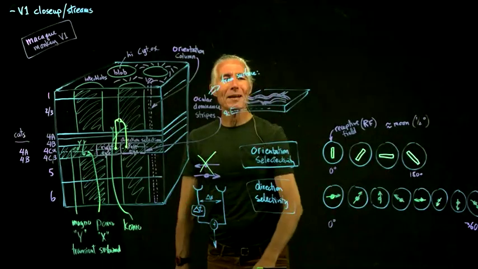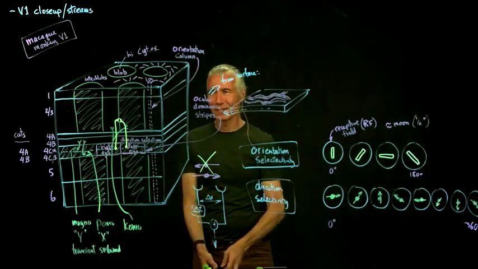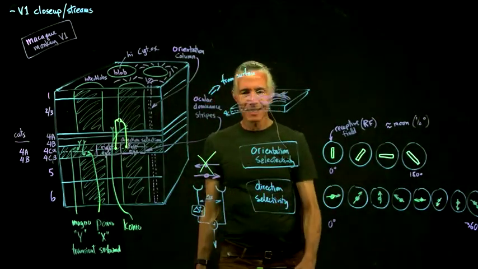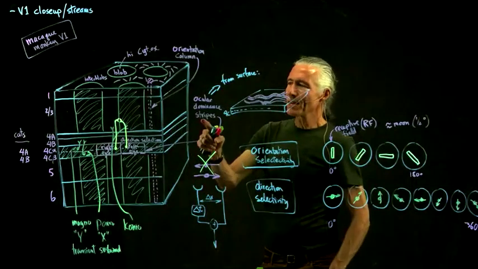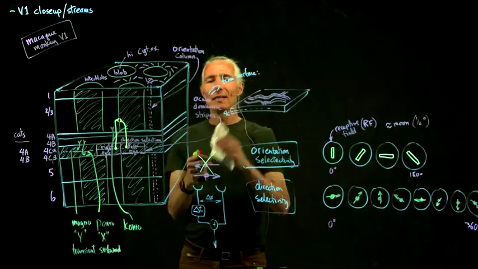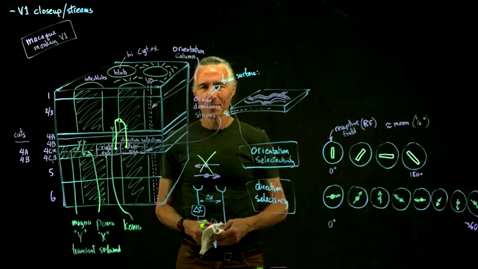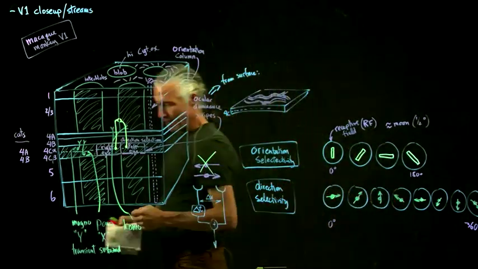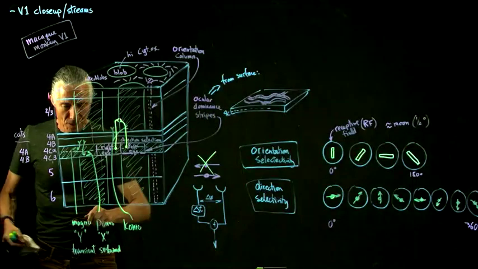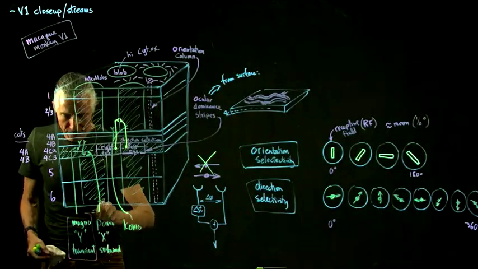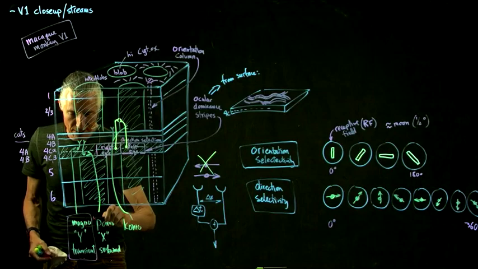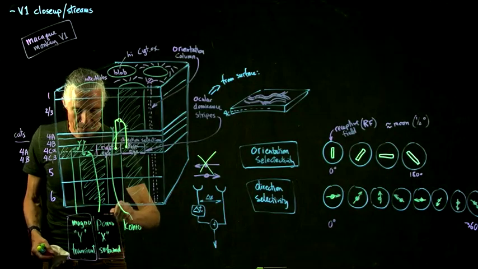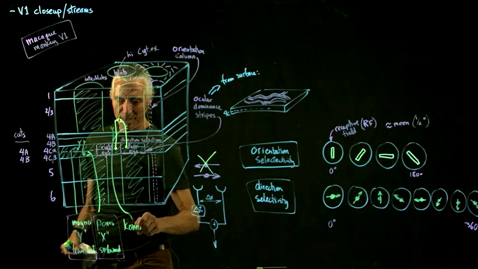Okay, so what's the bottom line here? Well, the bottom line is, what we've done is we've taken this information that was coming in from these three main chunks down here. So there's Magno, that's not direction selective or orientation selective at all. Parvo, that's not direction selective or orientation selective at all.